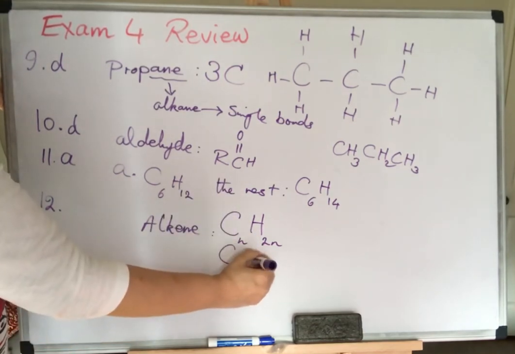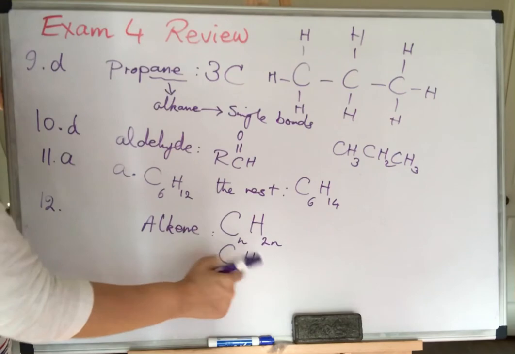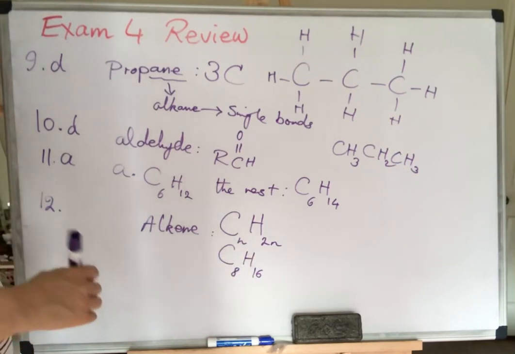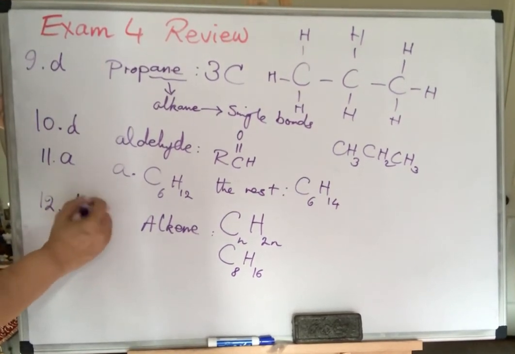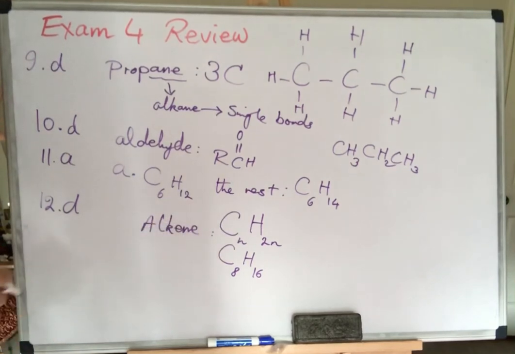How many hydrogens should you have? 2 times n, 2 times 8 is 16. So you will choose C8H16, which is D. Answer choice D. We definitely need to know the formulas for alkanes, alkenes, and alcohols. Question 13.